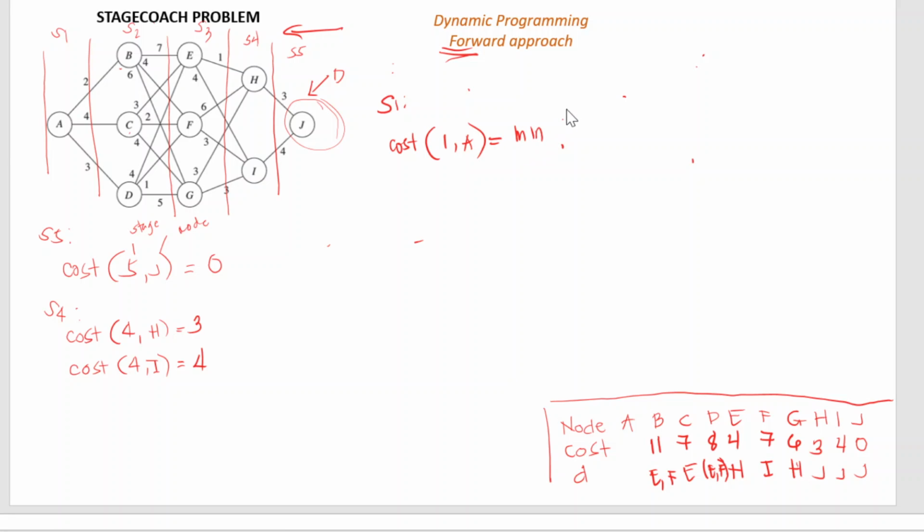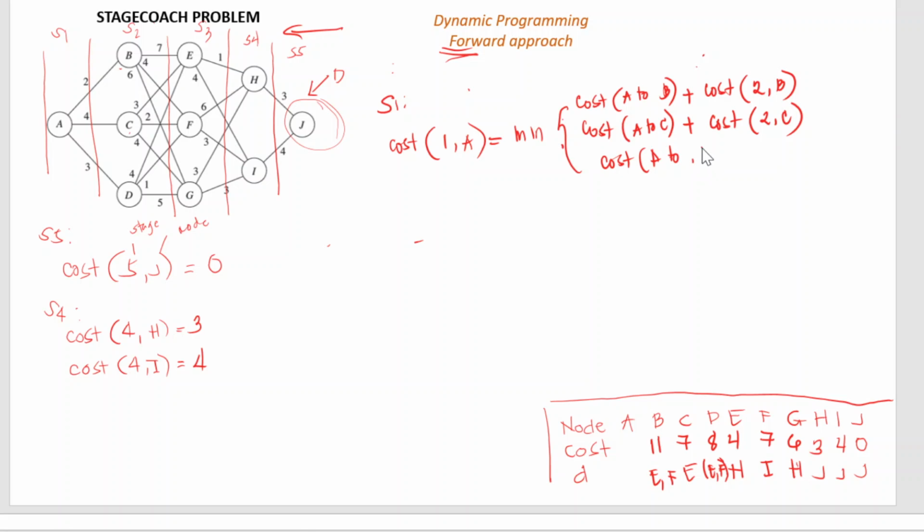So the minimum of, okay, there are 3 costs. So the cost of A to B plus the cost of 2B. Then the cost of A to C plus the cost of 2C, the cost of A to D plus the cost of 2D.